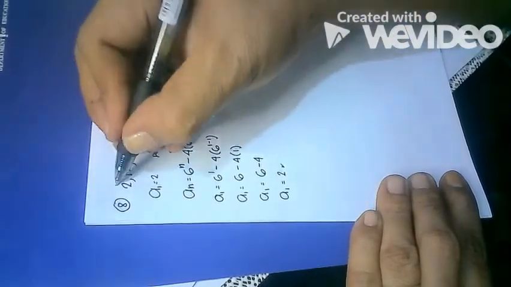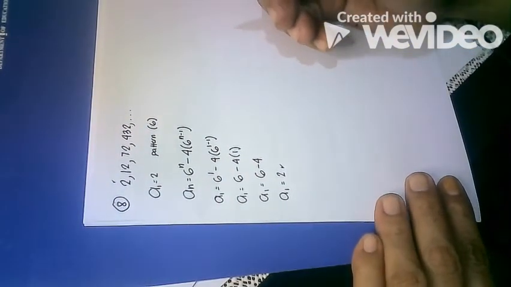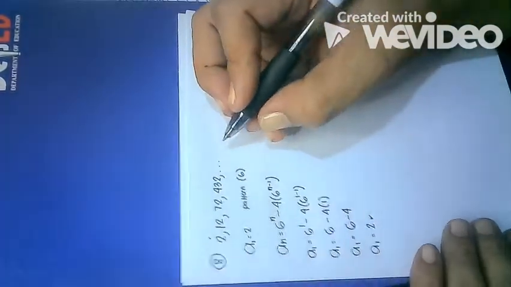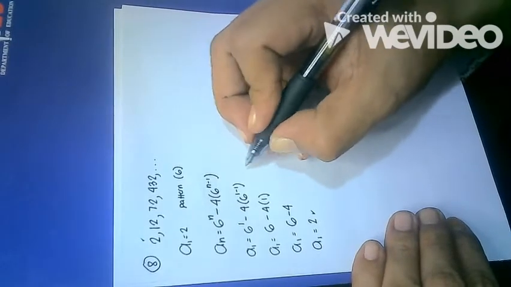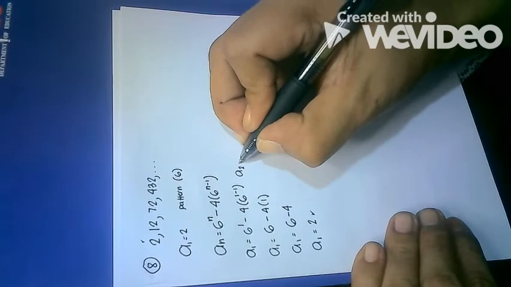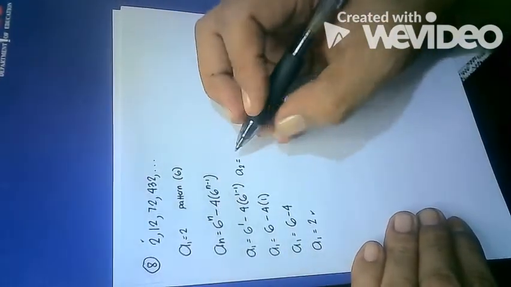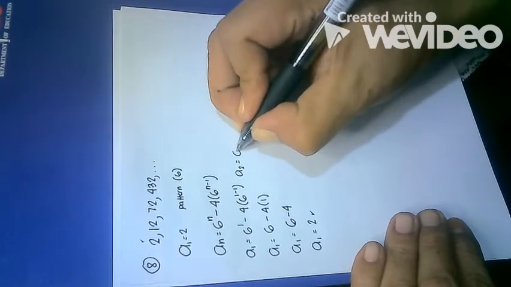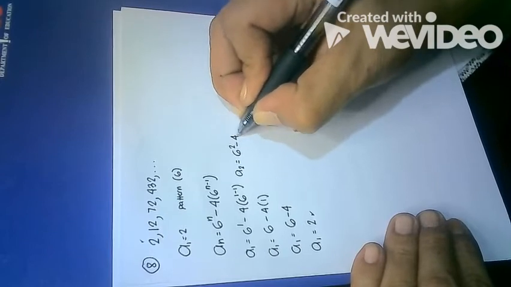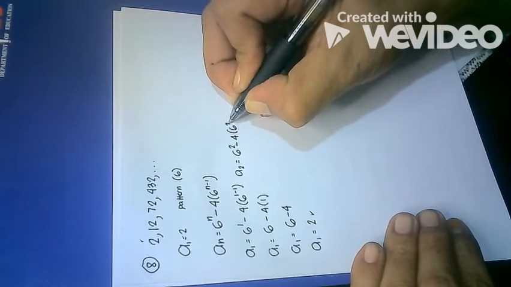So check. Let's try to solve for a sub 2. So a sub 2 is equal to, substituting into the formula, 6 to the 2 minus 4 times 6 to the 2 minus 1.